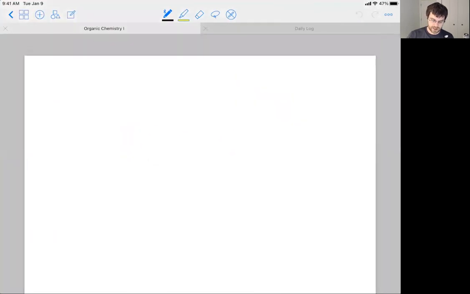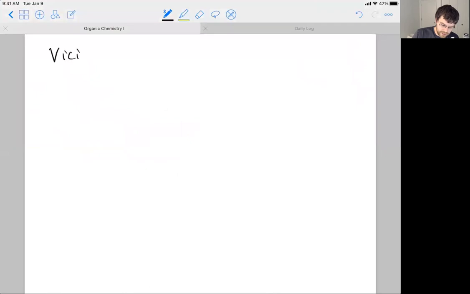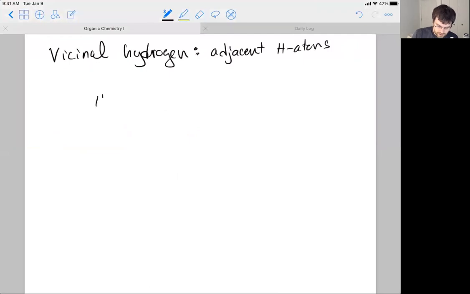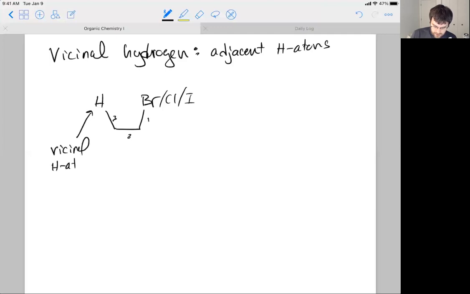So I'm going to turn the page and show the picture view of a vicinal hydrogen. Let's also call these adjacent H atoms. If we have our bromine, chlorine, or iodine, the H atom that's on the carbon next door, the carbon 1, 2, 3 bonds away, this is our vicinal H atom.